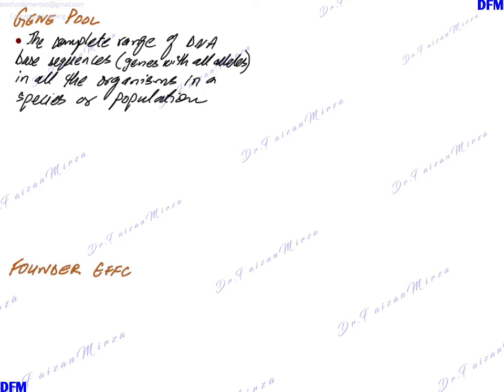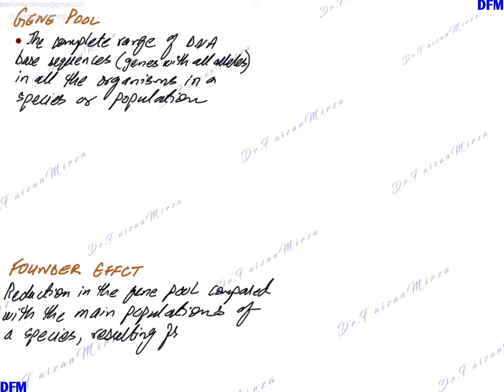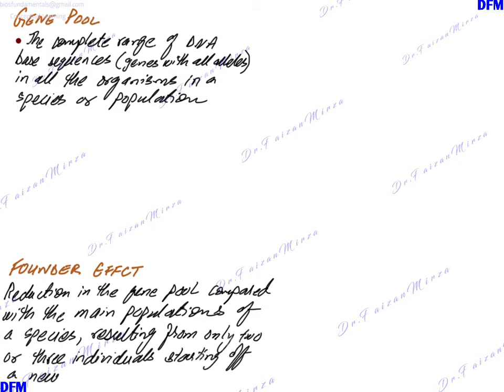What's founder's effect? I'll come to founder's effect in detail later on as well. So founder's effect is the reduction in the gene pool as compared with the main population. Here isolation will be involved: a portion of organisms from the larger population will be isolated, and the new population will arise only from a few individuals. They will start the new population. Genetic drift.